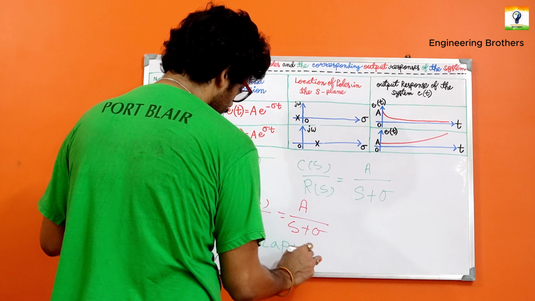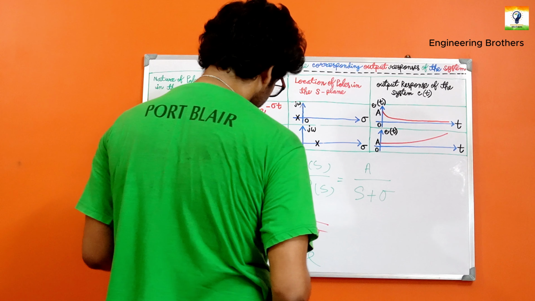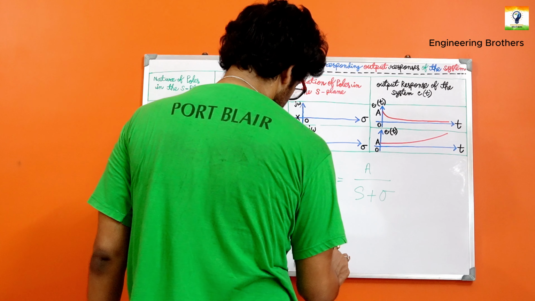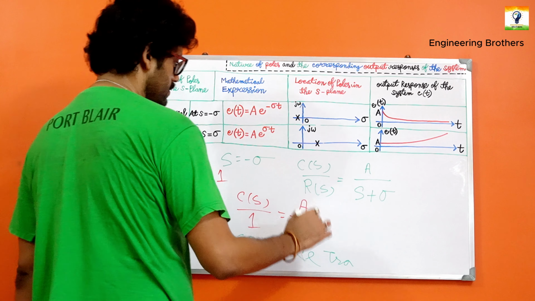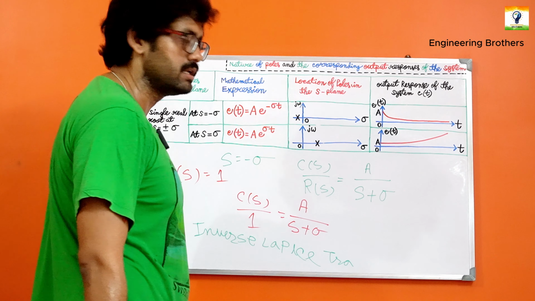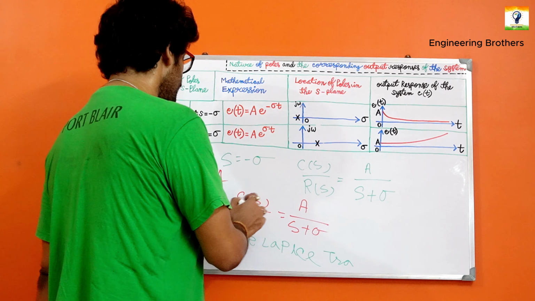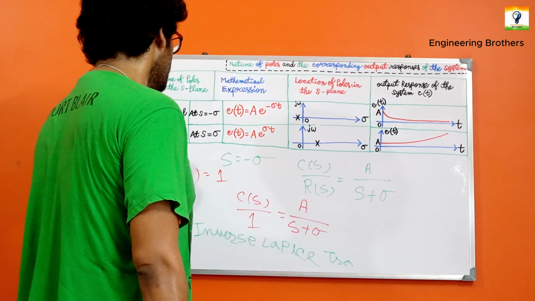If we apply the inverse Laplace transform on this C(s) equal to A divided by (s plus sigma), I am just going to repeat once again: we have applied the impulse response as our input, that is why I have considered R(s) equal to 1.